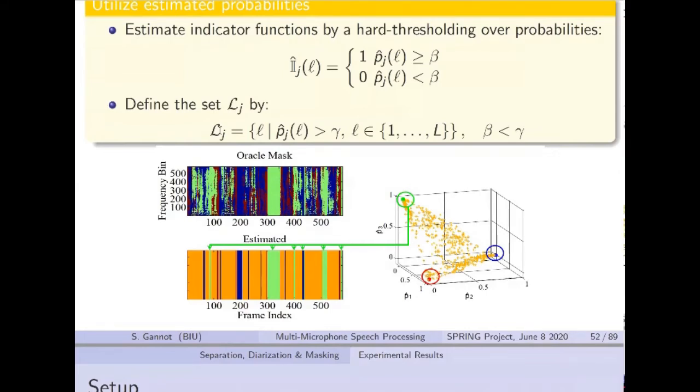The only thing that you have to take into account is how to associate the eigenvectors that you estimated, or the simplex that you estimated in one batch of frames to another one.